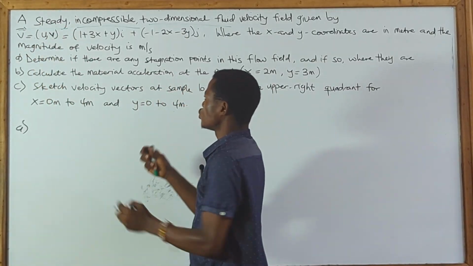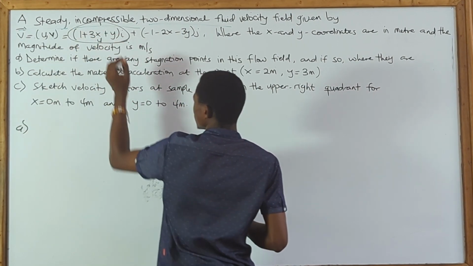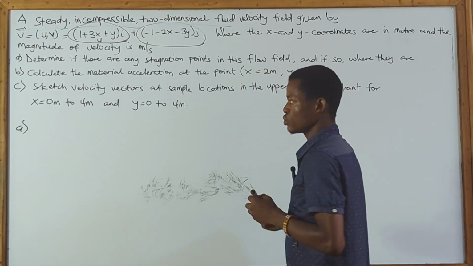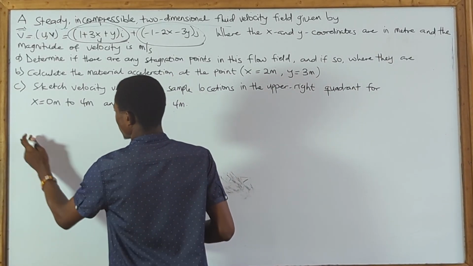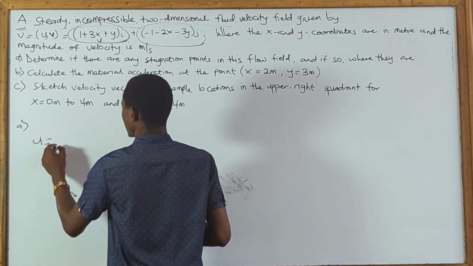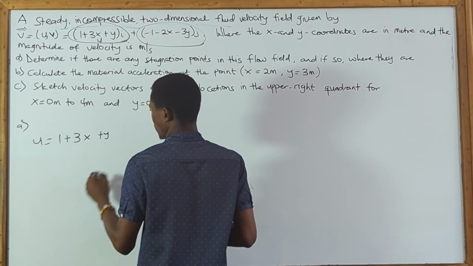Making the velocity vector equal to 0 means your u side is supposed to be equal to 0, and your v side is also supposed to be equal to 0. Let's start with the u side. u is equal to 1 plus 3x plus y.